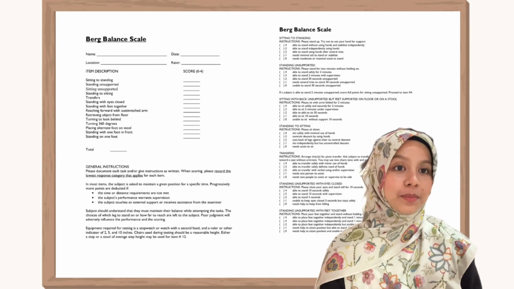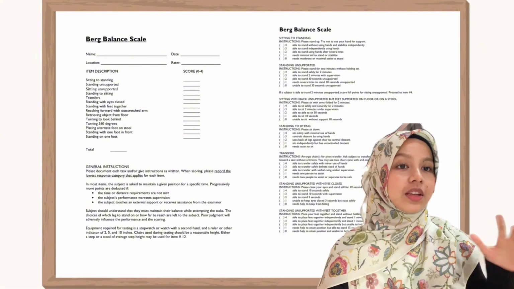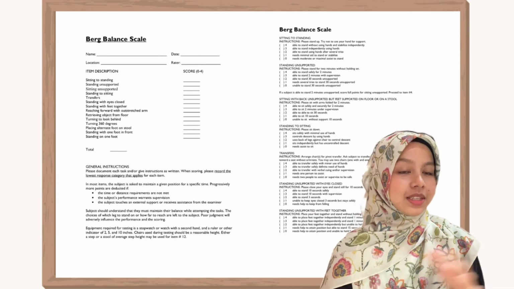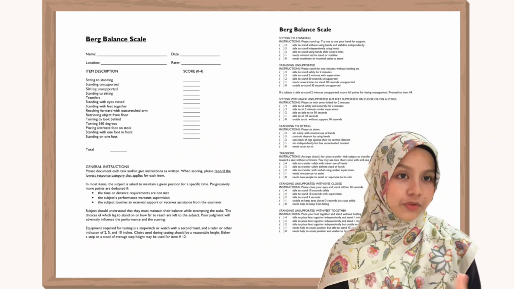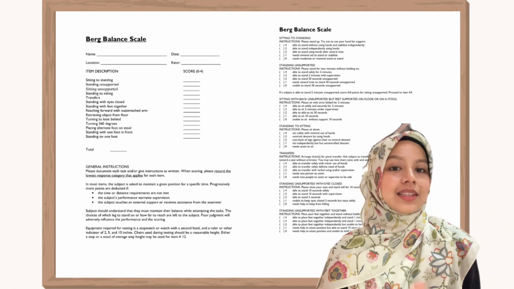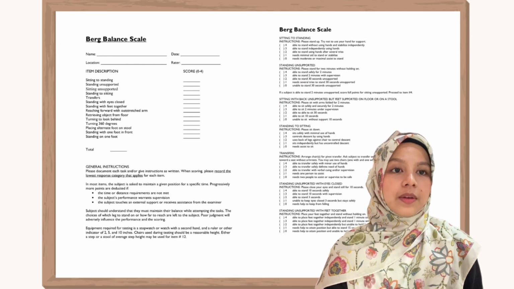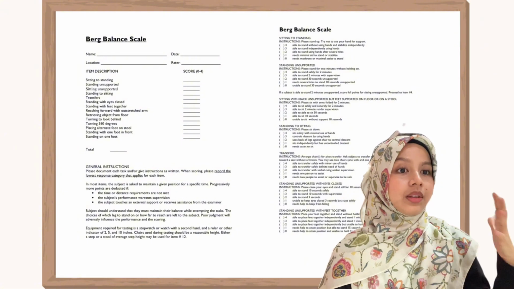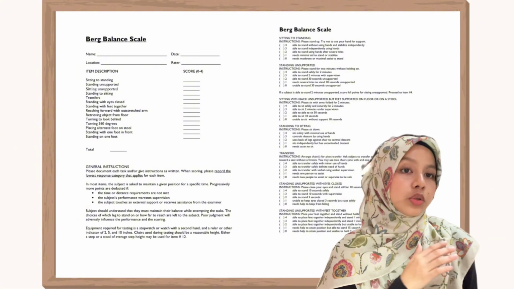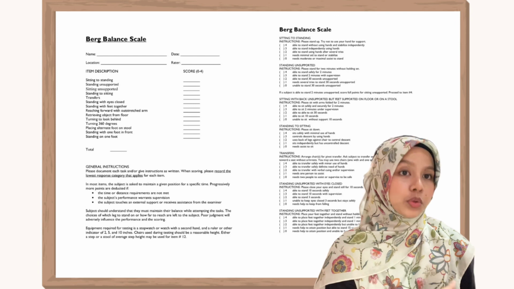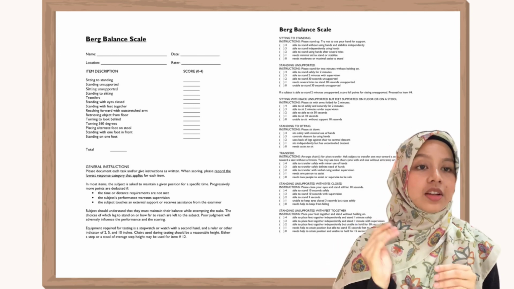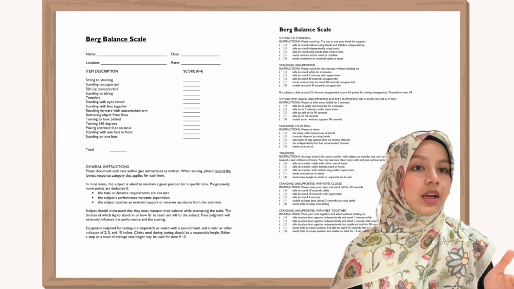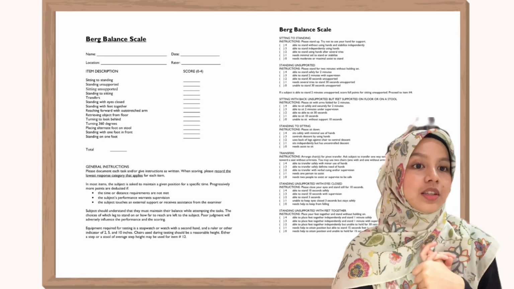So this is an example of the form that physiotherapists use to test patients, to take data from the balance test. And there is an item description that the physiotherapist will tell the patient what to do and how to do it. And there's a general instruction for the physiotherapist to read to help them to test the patient's balance.